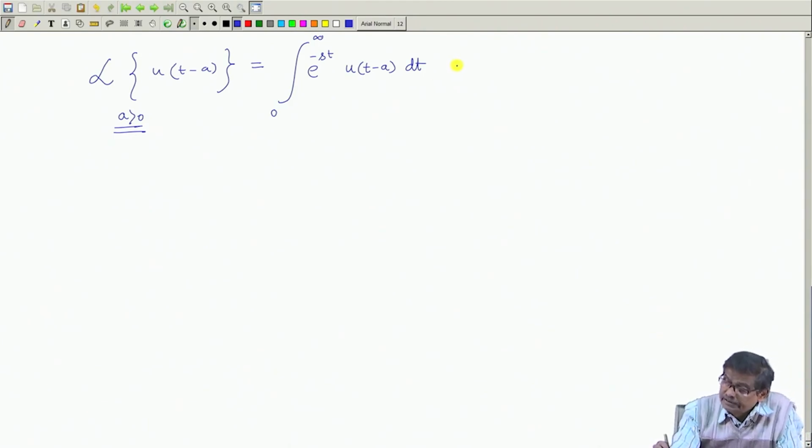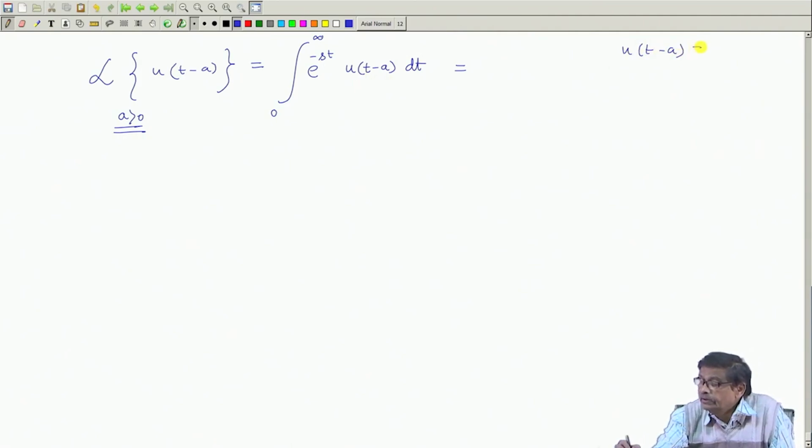Now, obviously, in this integration you have shifted the function to u(t minus a). So, this function u(t minus a), as we know, is equal to 1 for t greater than a and is equal to 0 for t less than a.